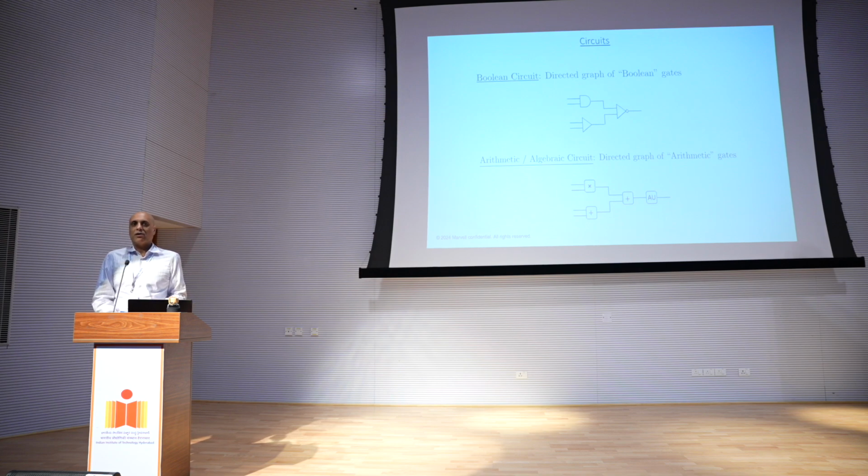Now we all know about Boolean circuits, which are directed networks of Boolean gates. Well, Boolean circuits are actually a subset of a more general class of circuit, which is called an arithmetic circuit or an algebraic circuit. And rather than having binary gates, you have what are called arithmetic gates.